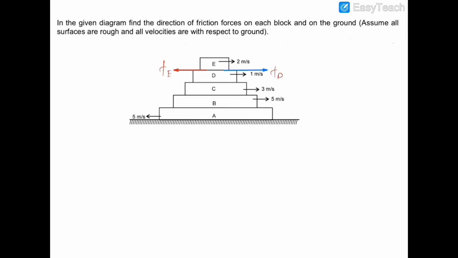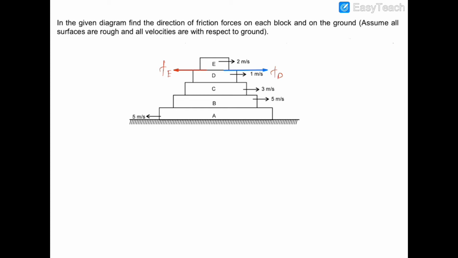I mean to say that if D is applying the friction on E in a backward direction, then E will apply the friction on D in forward direction. And due to another fact that D has a relative velocity with respect to E in backward direction, in the left hand side, the friction acting on D will be towards right hand side.